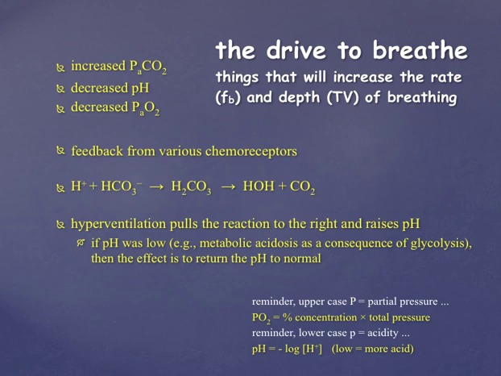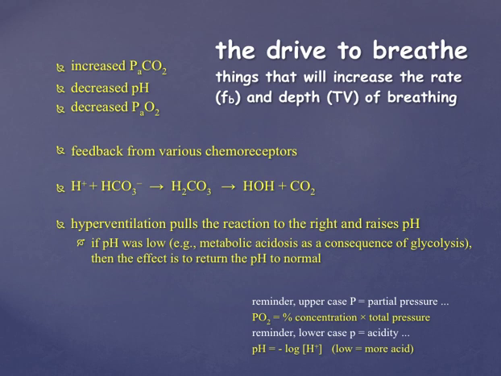Third one, decreased partial pressure of oxygen in the arteries. So there's more carbon dioxide than expected as blood returns to the body. Well, the job of the heart and lungs is to get rid of that carbon dioxide. So apparently they're not doing their job. We're going to have to breathe more.